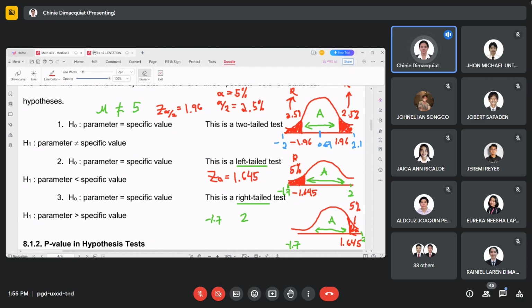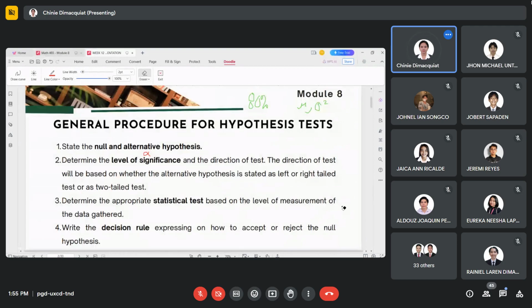So third, determine the appropriate statistical test based on the level of measurement of the data gathered. So nabanggit nga po natin kanina na nagbabago yung ating statistical test. So meron tayong z-test, meron din tayong t-test, tsaka chi-square test. So ang test ba natin ay mean? So mean ba?